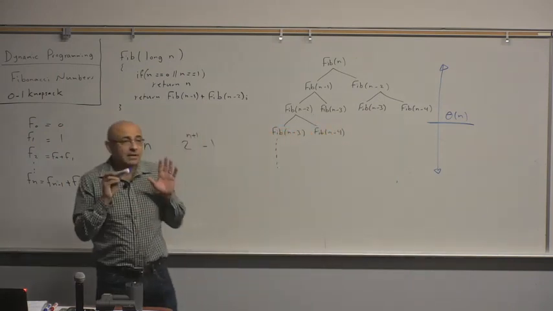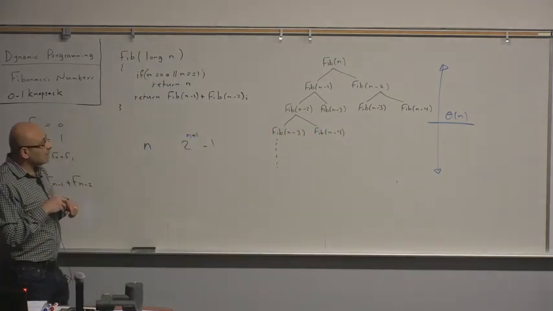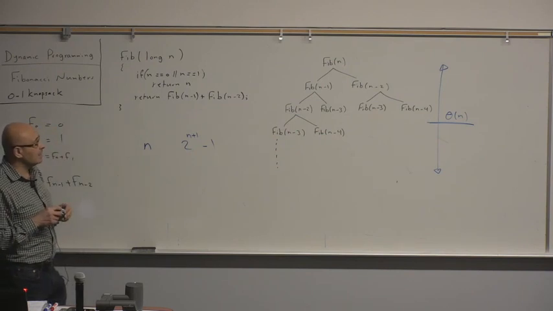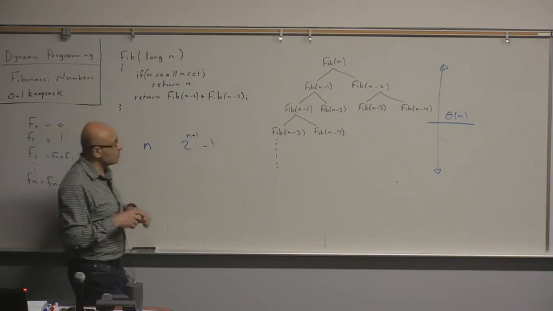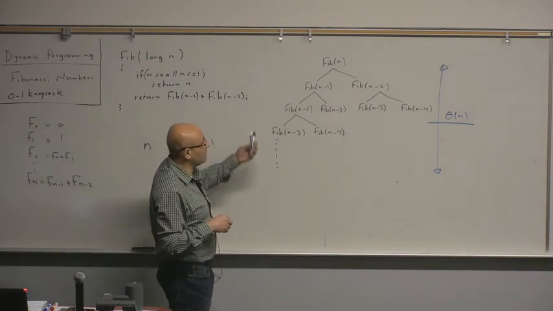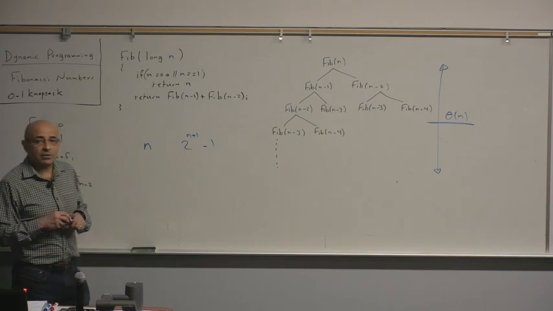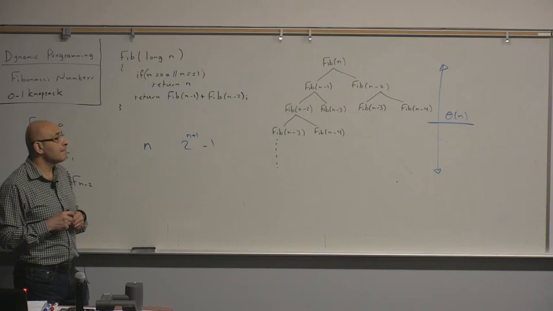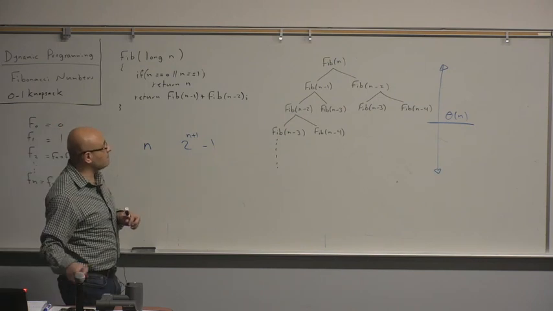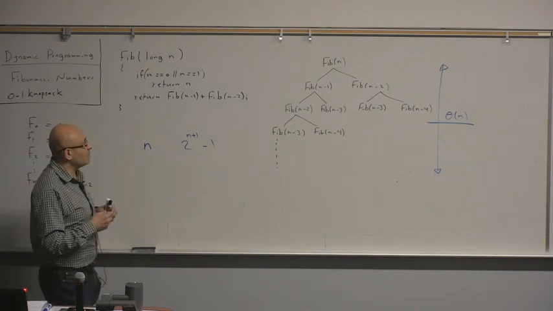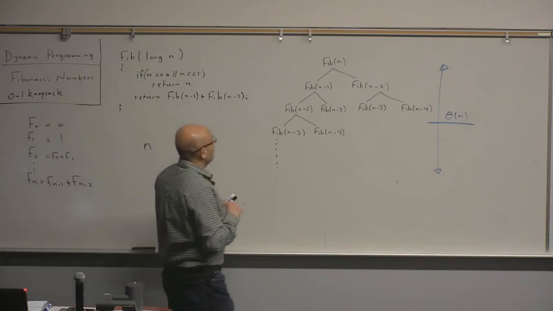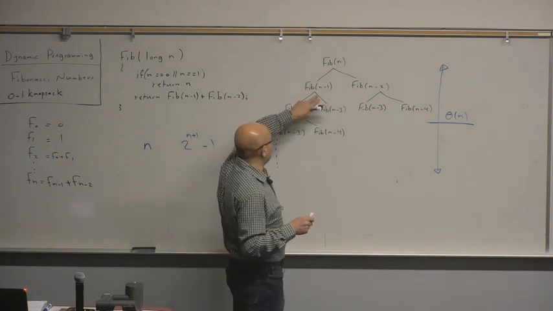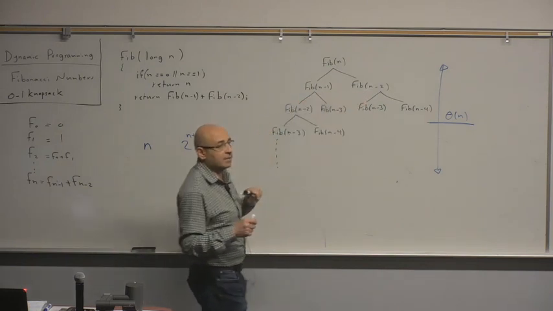Now, we know that it's exponential. But let's think about the algorithm and see why it resulted in such a huge running time. Where is the problem in this algorithm? A lot of duplication. Yeah, exactly. It keeps solving the same subproblems over and over. For example, this is a big problem that got divided into two subproblems: the subproblem of finding n-1 and the subproblem of finding n-2.